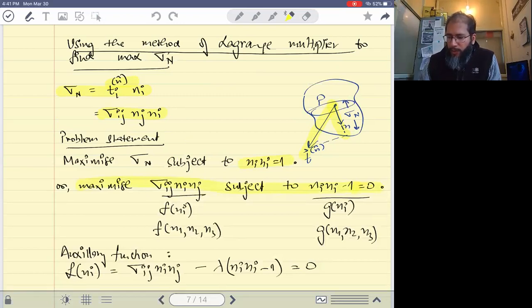So our g is n_i n_i minus 1, a function of n1, n2, and n3, or a function of n_i. Similarly, our f is the function that we have to maximize, which is sigma_ij n_i n_j, a function of n_i.